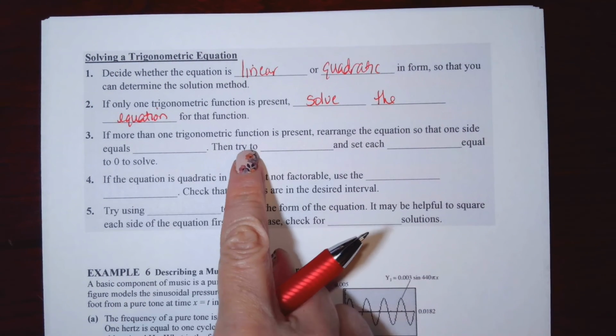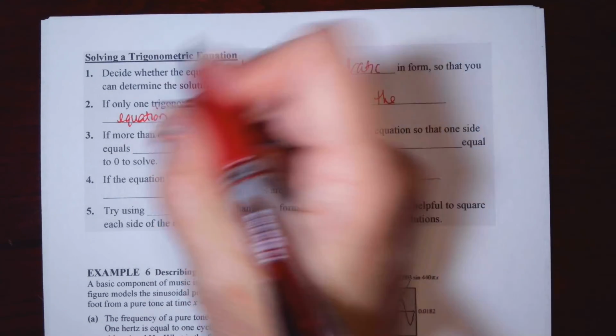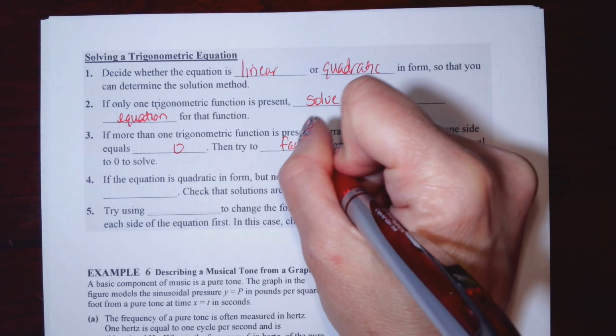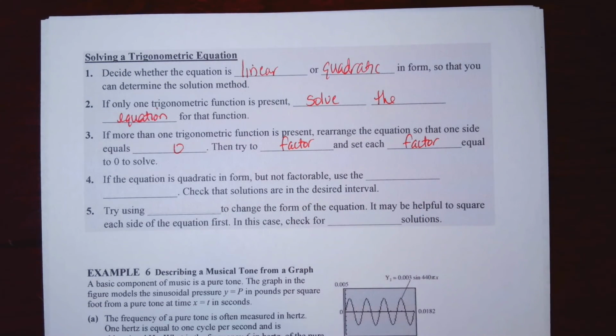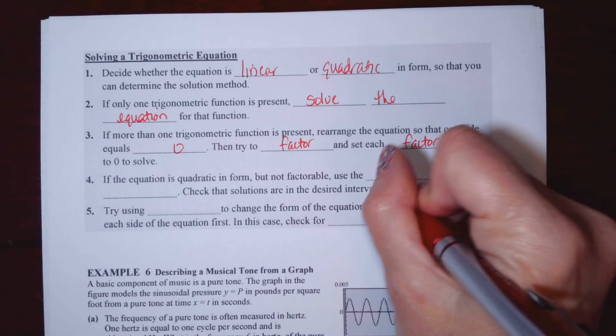If there's more than one trig function, you need to rearrange the equation so that you've set it equal to 0, and then try to factor so that you can set each factor equal to 0 and solve. If it's quadratic and not factorable, you're going to use your quadratic formula.